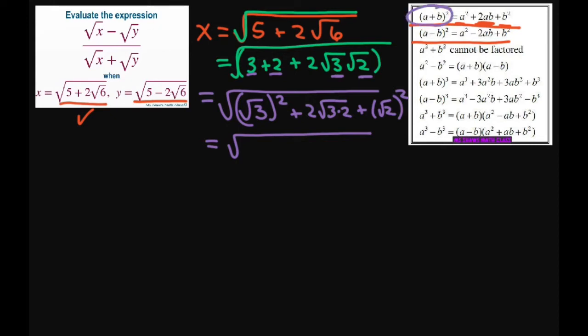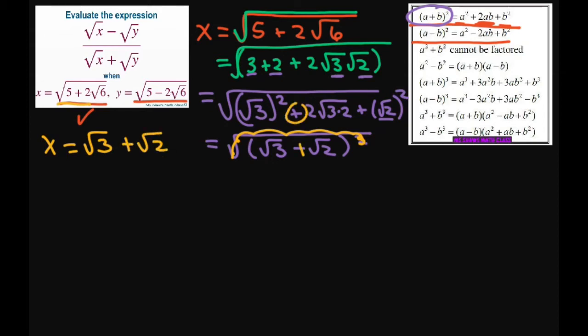My A is square root of 3 minus my B, which is square root of 2 and squared. So now that gets rid of the radical because we have the square of a square root, and that goes away. So this x is going to be square root of 3, and should be a plus, sorry. Square root of 3 plus square root of 2, because we had a plus here.